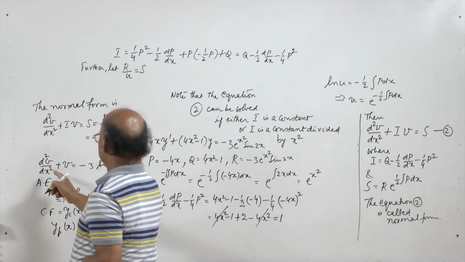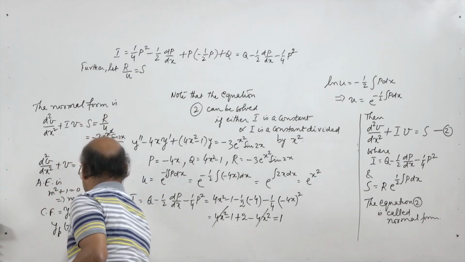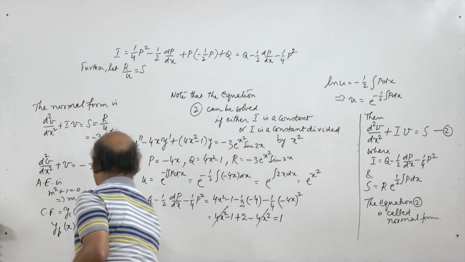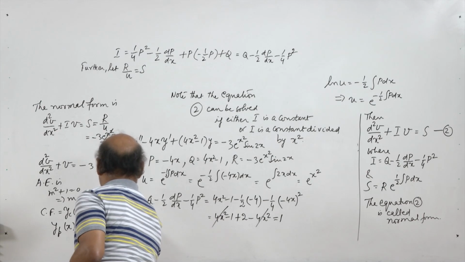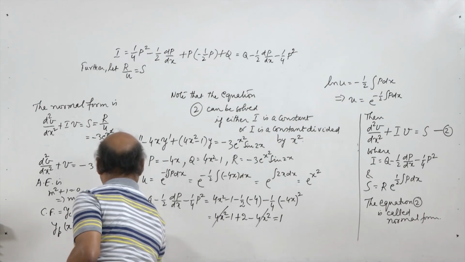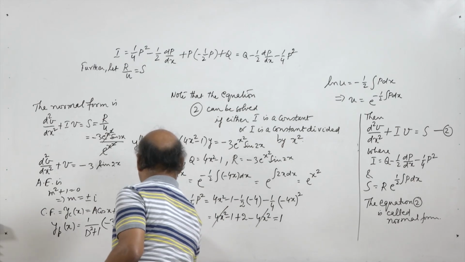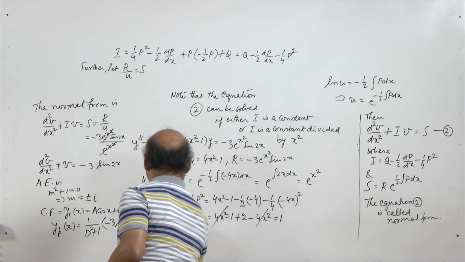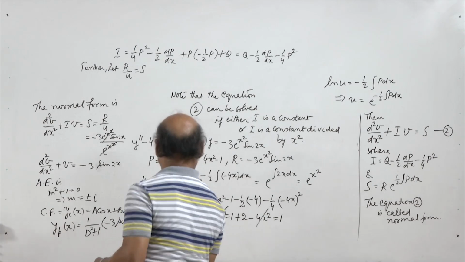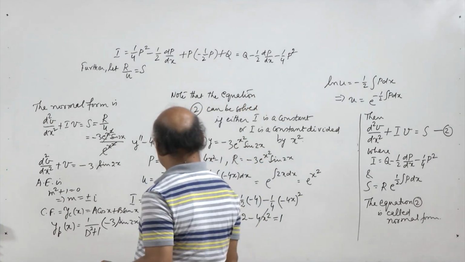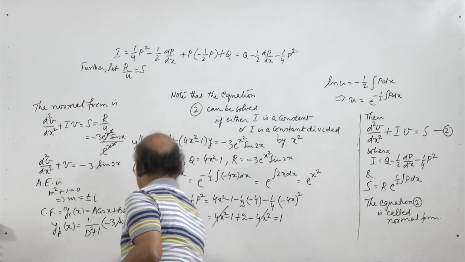1 over D squared plus 1, where D represents d over dx, operating on minus 3 sin 2x. Okay, so this is minus 3 times 1 over D squared plus 1 operating on sin 2x. When we replace D squared by minus 2 squared, the denominator does not become 0.